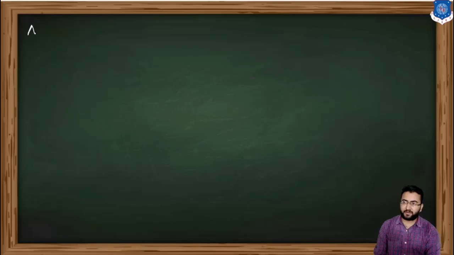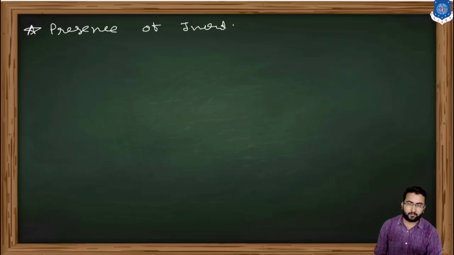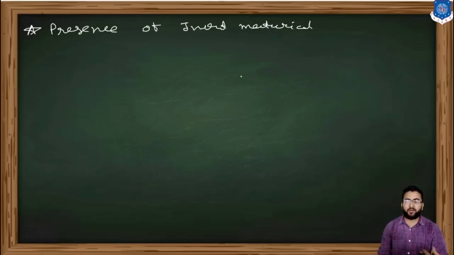One factor is the presence of inert material. During reactions, sometimes we provide inert material to enhance or prohibit the reaction, so we consider how the inert material affects equilibrium conversion.